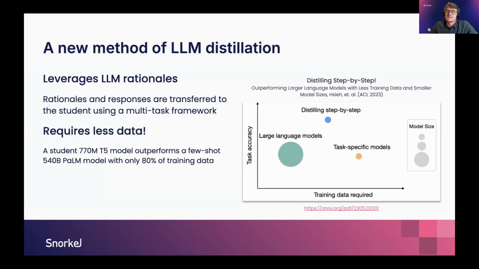So distillation step by step is a recent paper that came out of the great minds at Snorkel as well as Google research teams. And we are using language model rationales that are elicited using step-by-step chain of thought reasoning prompts.